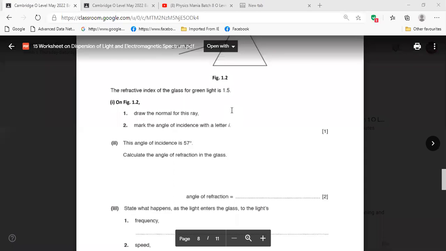How to calculate the angle of refraction? What is the formula? Very simple formula, right? We did it in our last topic. What is the formula of refractive index? Monica, how to get the angle of refraction? n is equal to sin i by sin r.